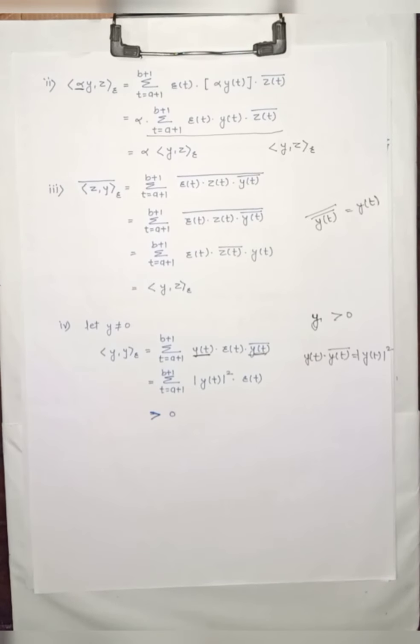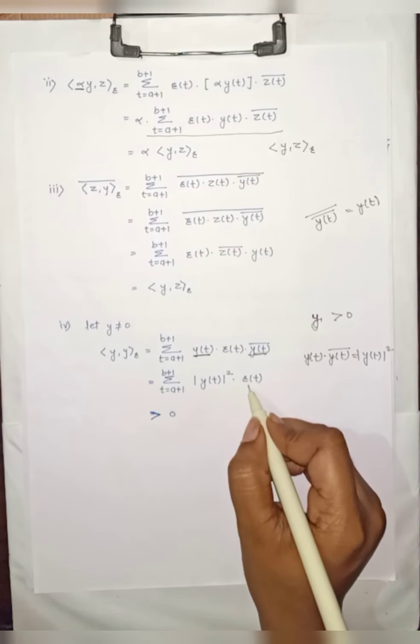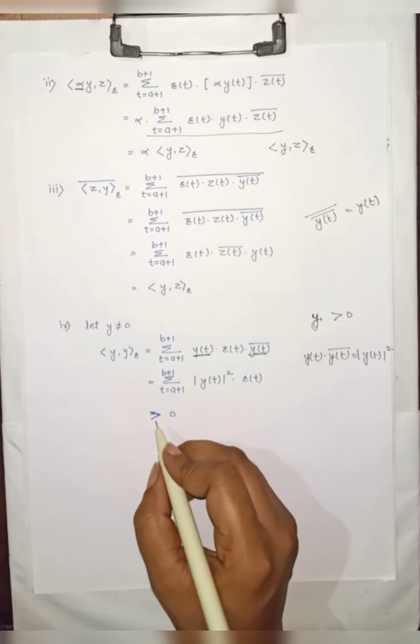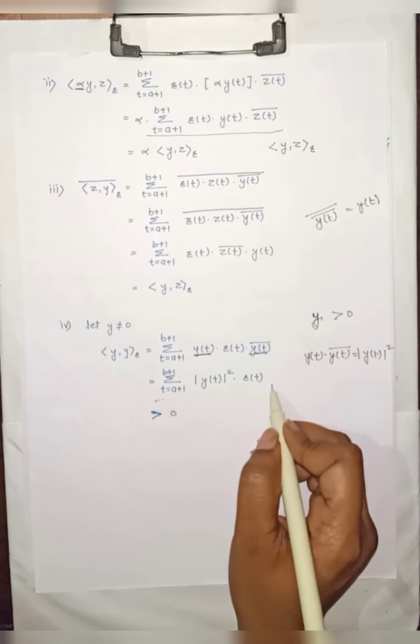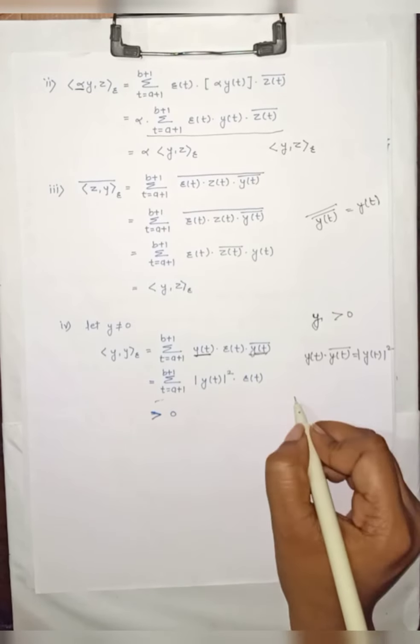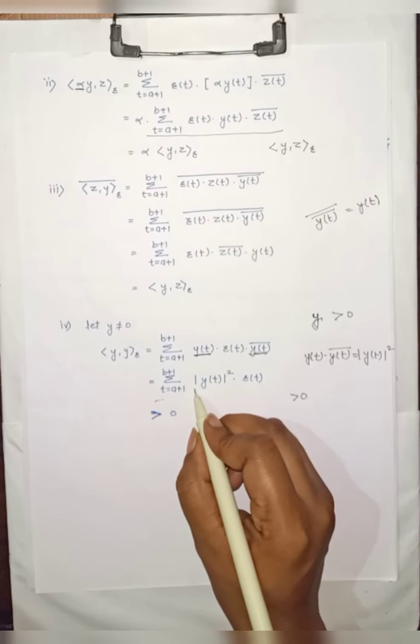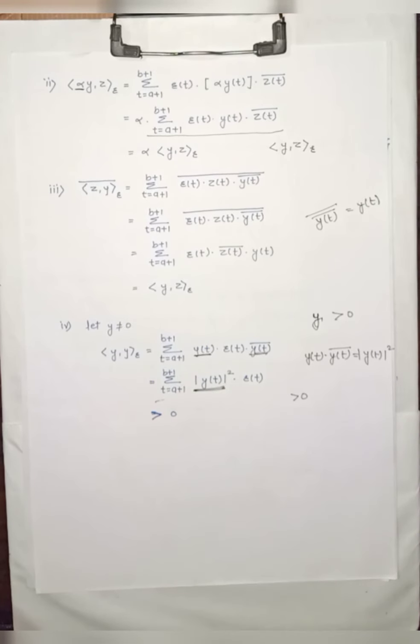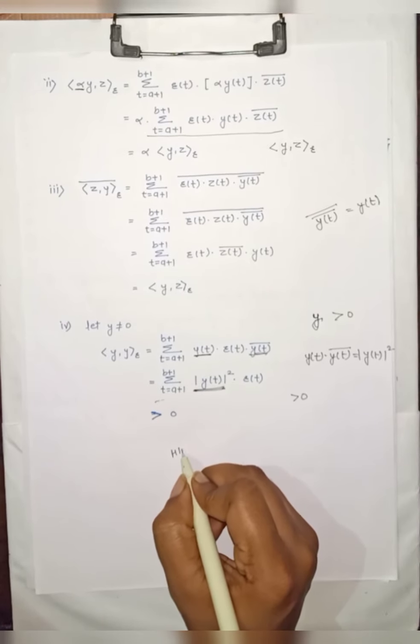This is a property we have seen in the previous theorem also, and r of t as it is taken. So therefore this property must be greater than 0 because we have mod here, and you know mod is always greater than 0. So hence proved.